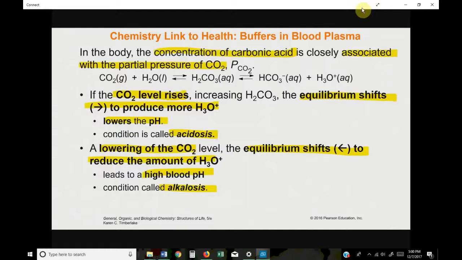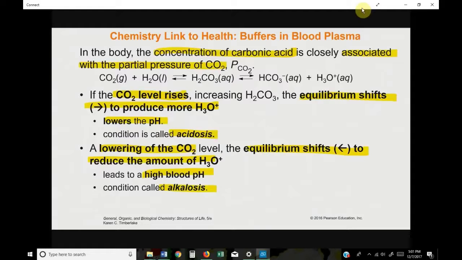The carbonic acid concentration is also related to the partial pressure of carbon dioxide. When there's too much carbon dioxide present in the blood, rising CO2 levels increase the amount of carbonic acid and shift the reaction forward to produce more hydronium. If we produce more hydronium, the pH is going to decrease.